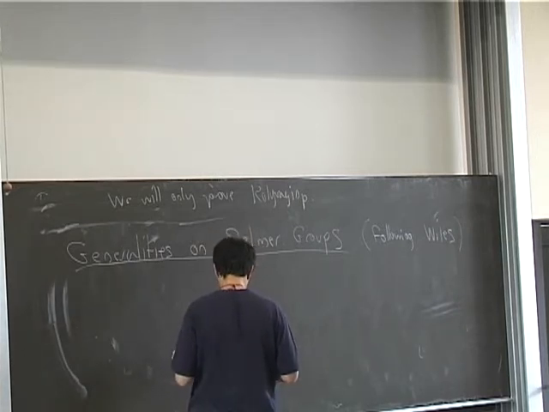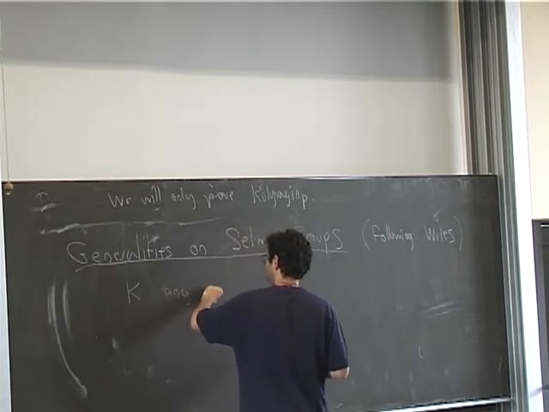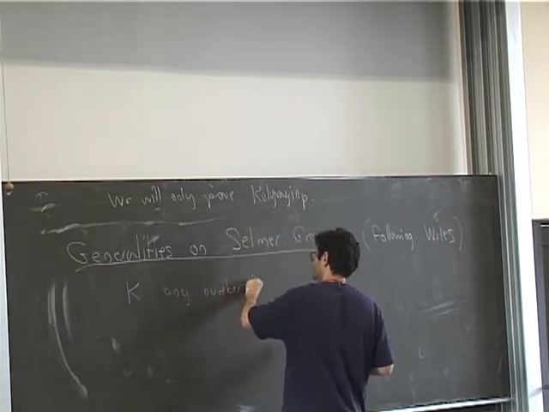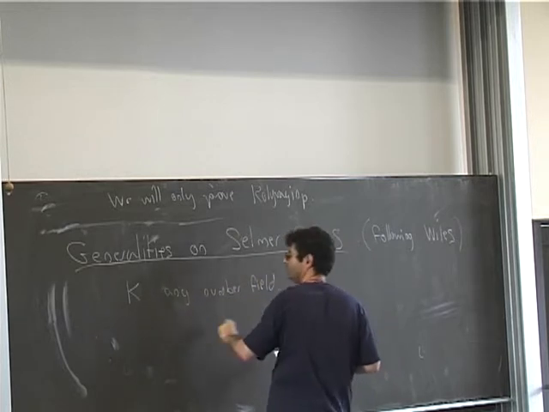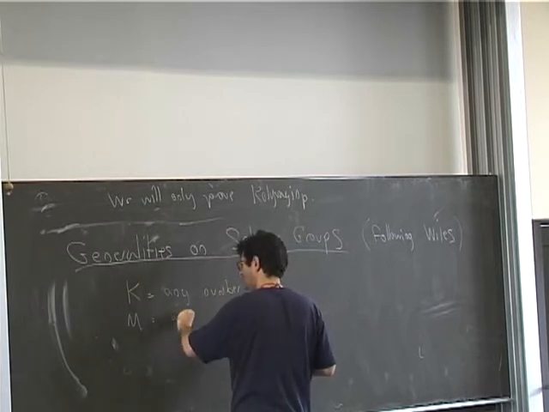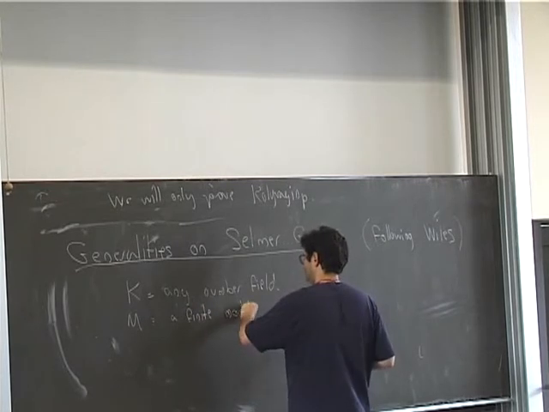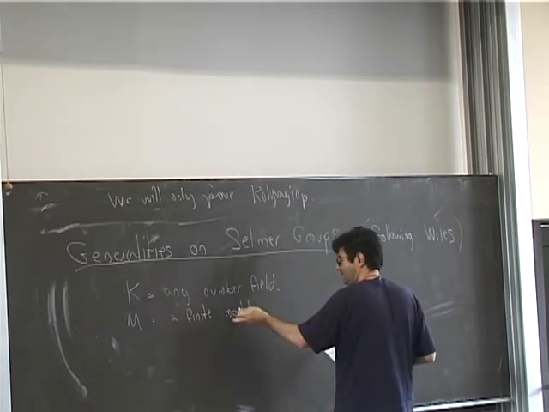So let K here be any number field. And let M be a finite module. So really a finite set, which is a module, right?